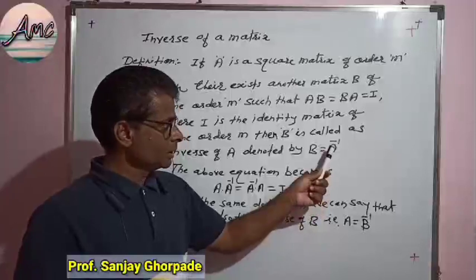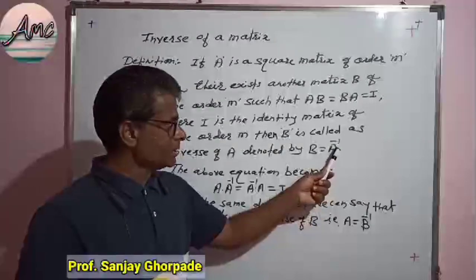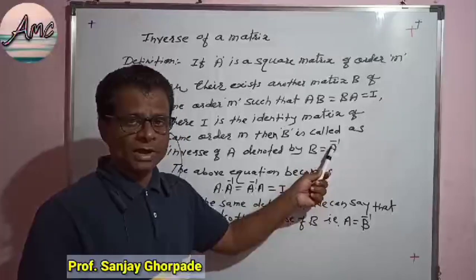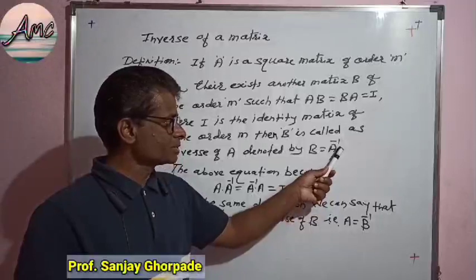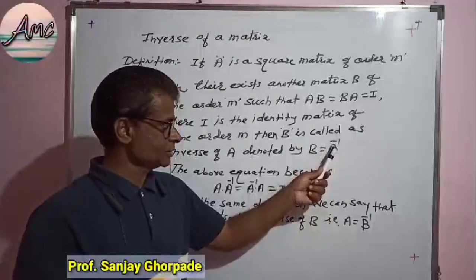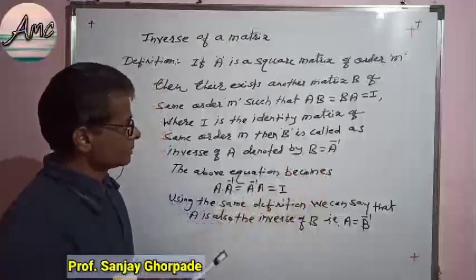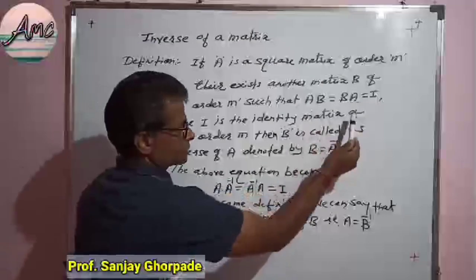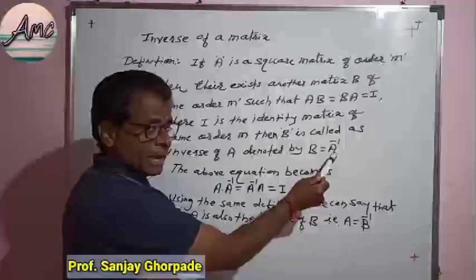See here, it looks like the power of A is what? Minus 1. But here this minus 1 is not a power of A. It is the symbol for a representation of the inverse. So B equal to A inverse. Then in this equation I am going to replace B as A inverse.